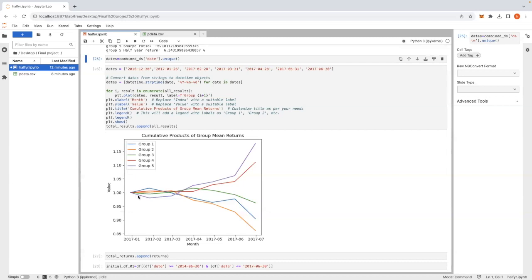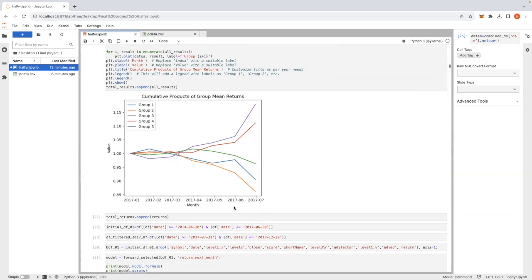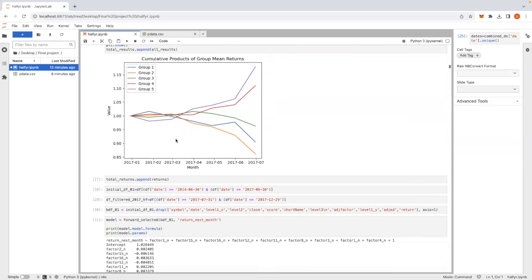You can check that group 5 has the highest return, and group 1 and group 2 dropped. Based on this, we can long the group 5 stocks and short group 1 or group 2, and then we have an extra return on our investment.